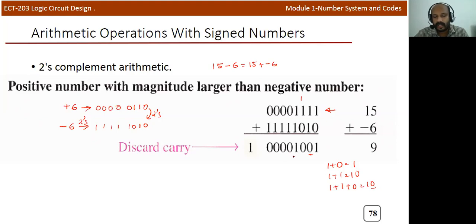We'll write 0 here, and again there is a carry, so we'll put that carry here. So 1 plus 1 plus 1 is equal to 1 1. So you can write 1 here, and again there will be a carry. Now it is 1 plus 0 plus 1, which is equal to 1 0. So you can put 0 here, and there will be a carry.